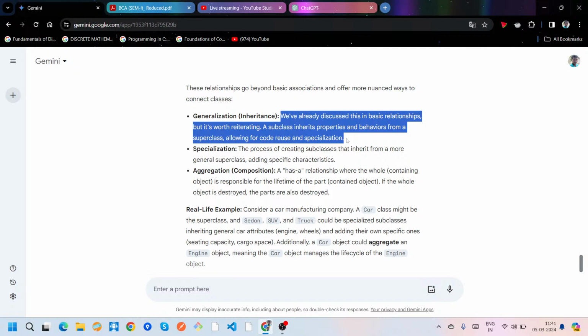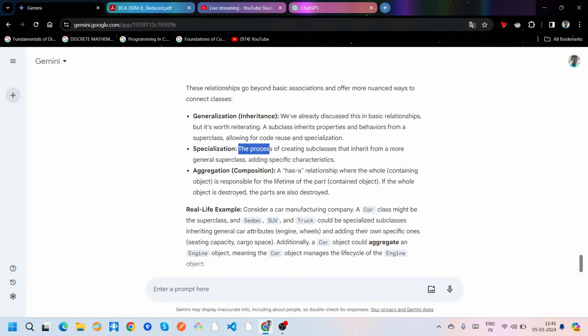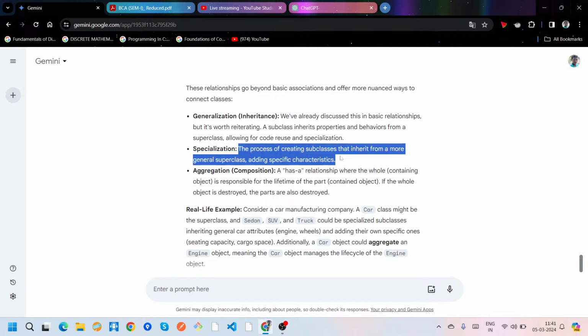A subclass inherits properties and behavior from a superclass, allowing for code reuse and specialization. Then specialization means the process of creating subclasses that inherit from a more general superclass, adding specific characteristics.